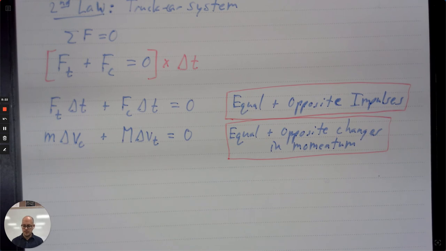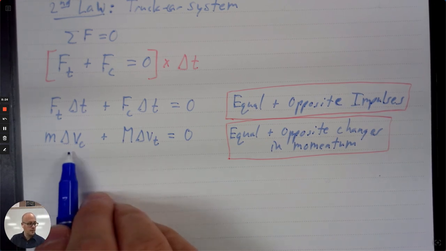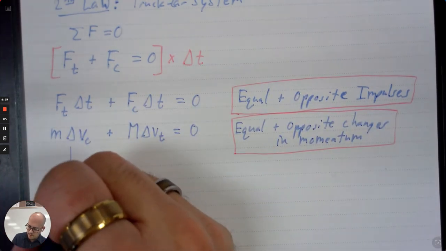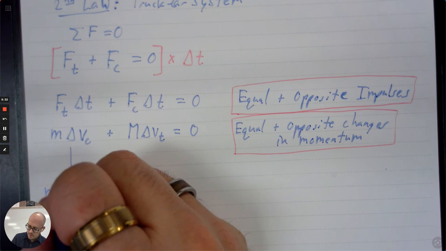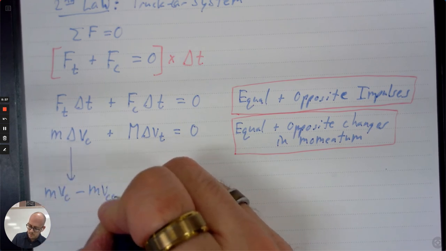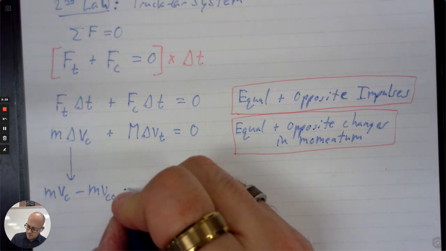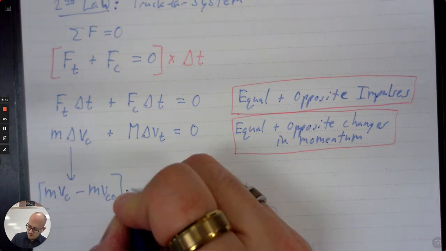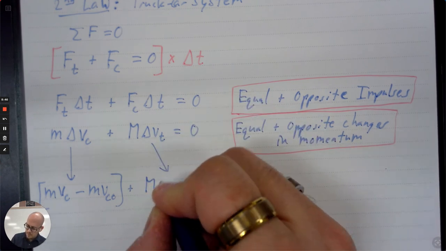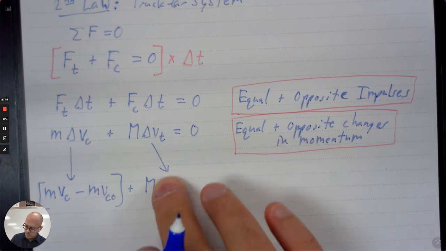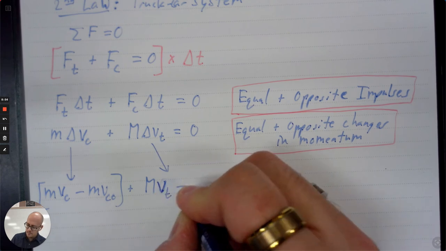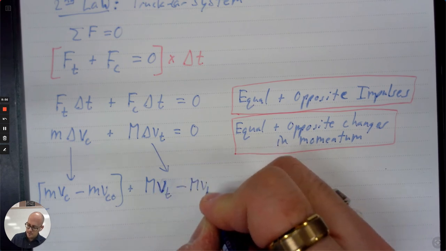So I'm going to just expand this a little bit. This is the change in momentum of the car. So I can expand that. And so I'm going to go down here and go mass times final velocity minus mass times initial velocity plus, and then I'm going to put this next one here, big mass times final velocity of the truck minus big mass times initial velocity of the truck.